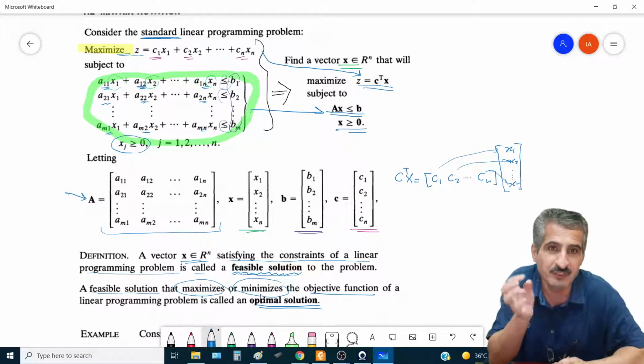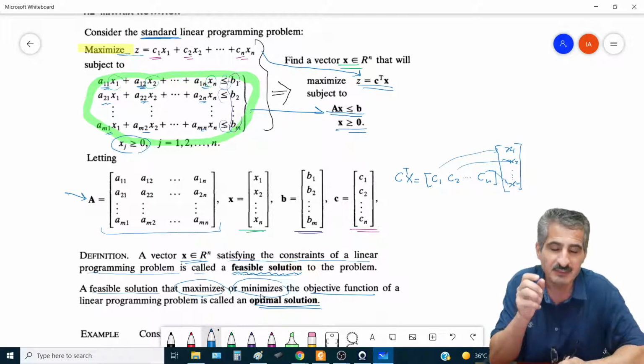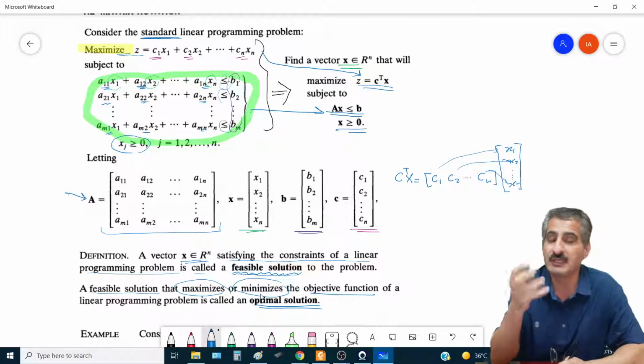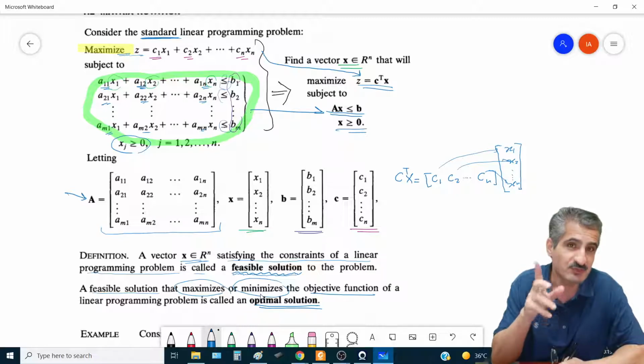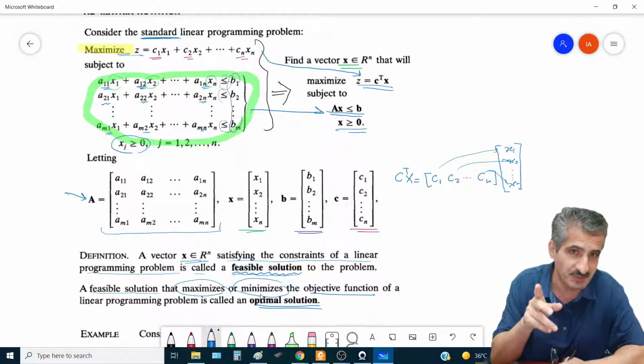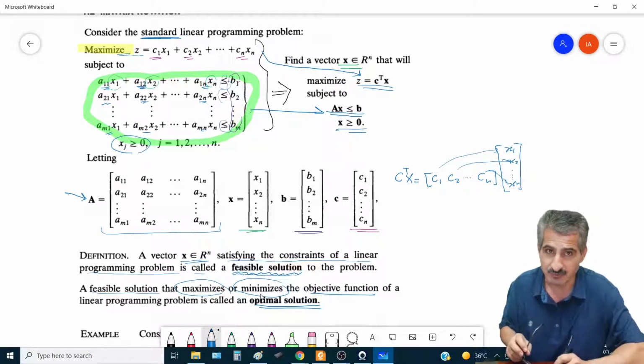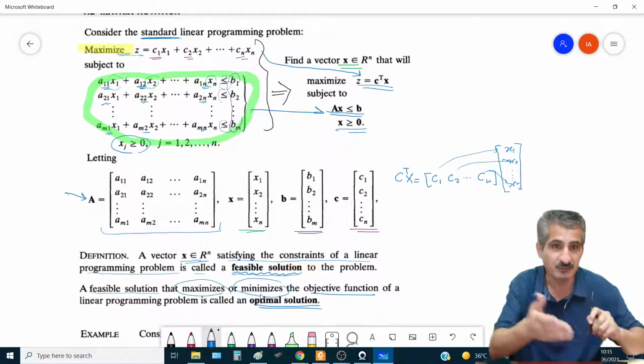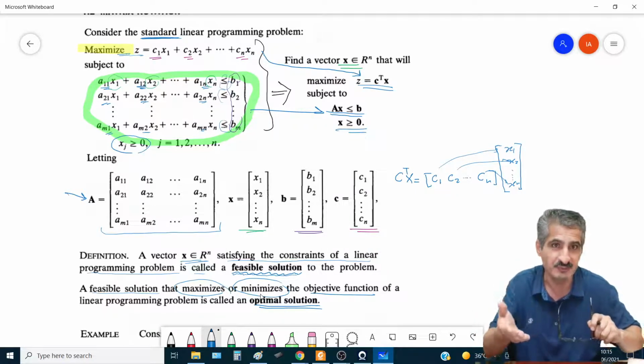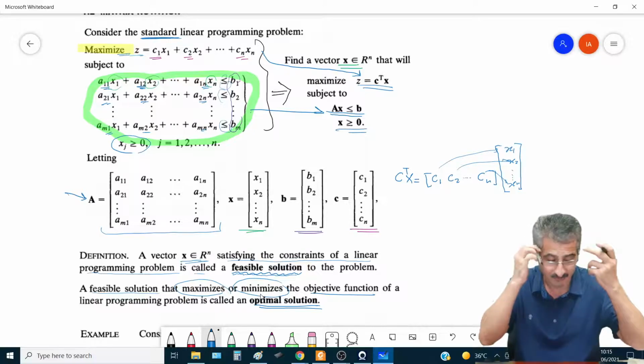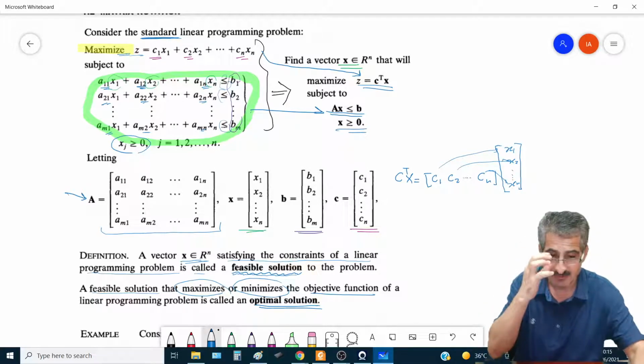So the goal of the linear programming problem, to solve it, is to obtain the optimal solution. Other vectors that satisfy the constraints are called feasible solutions. The optimal solution is a feasible solution because it does indeed satisfy the constraints. Okay, good.